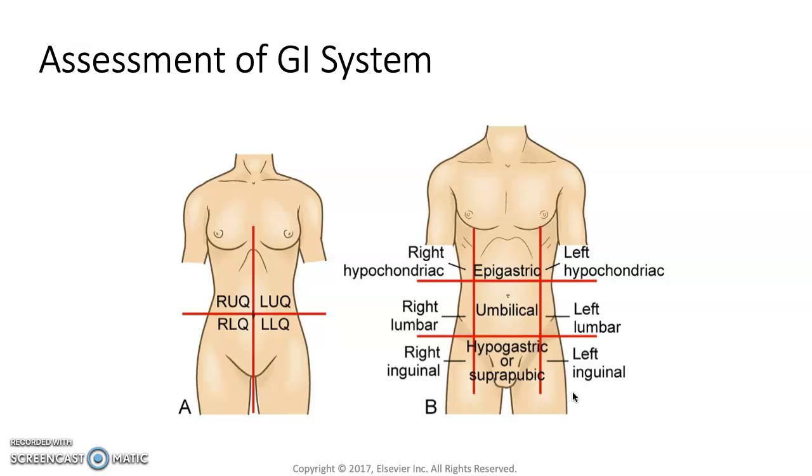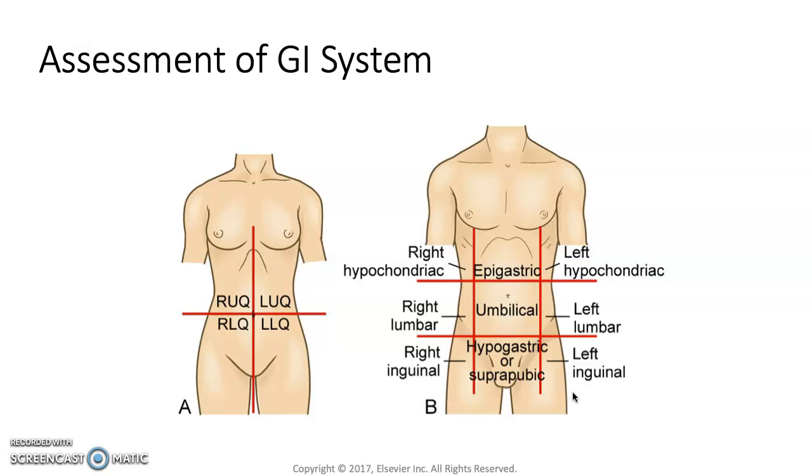This is important because if a patient comes in with left lower quadrant pain, there are certain things that we're going to think about. Okay, well, diverticulitis is common with left lower quadrant pain. If they come in with right upper quadrant pain, that's common in gallbladder disease. So certain areas may trigger a thought, okay, this may be what's causing this.